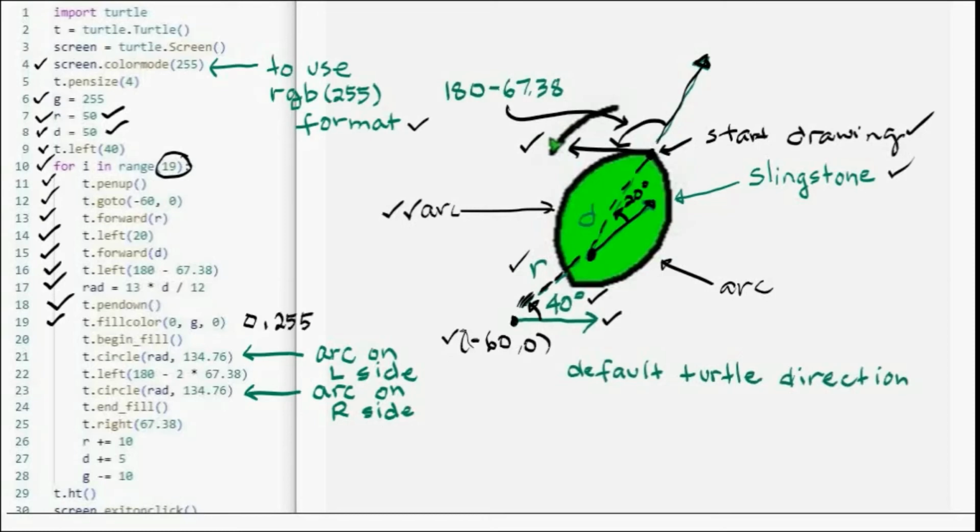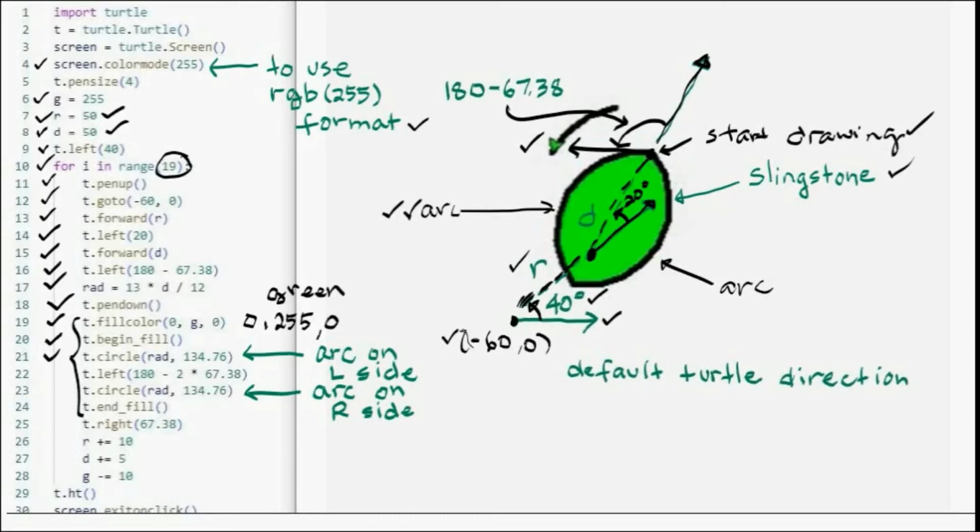Remember that our G in line number 6 is 255 and 0, and this is green, the standard green. Actually, the fill color procedure is from 19 up to 24. And then I continue with the fill color procedure.